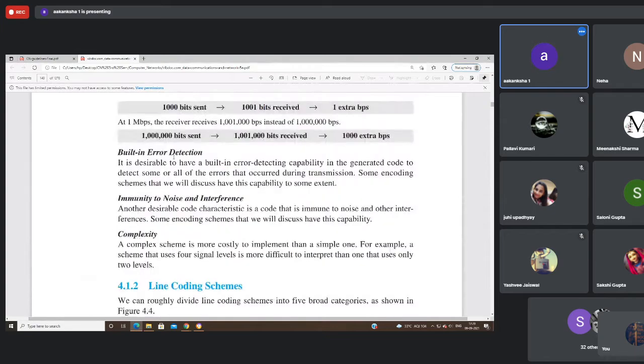Similarly, if we say 1 Mbps, the receiver receives 10 lakh and 1000 bits per second instead of 10 lakh bits. The sender has sent 10 lakh bits and the receiver has received these many bits. So these 1000 bits are extra. Why these 1000 bits extra?